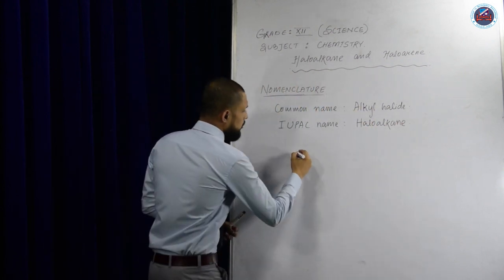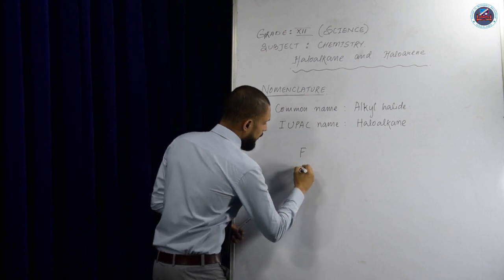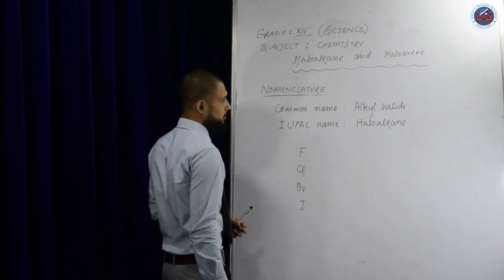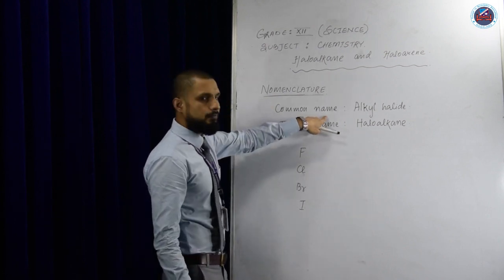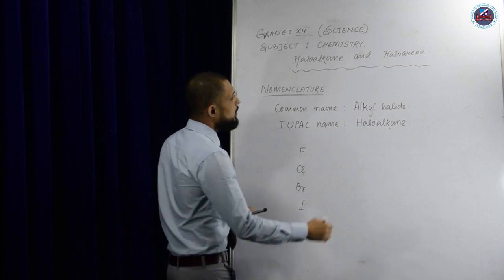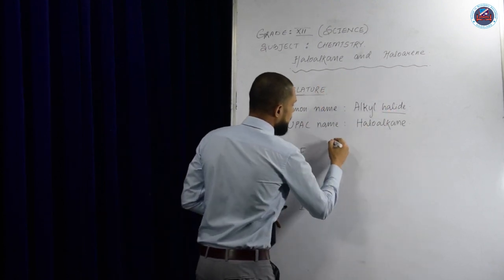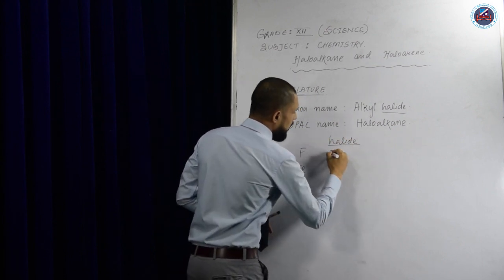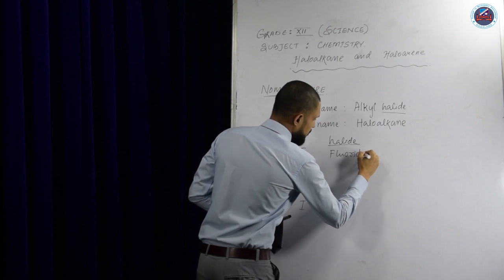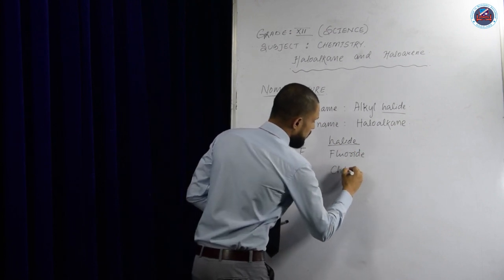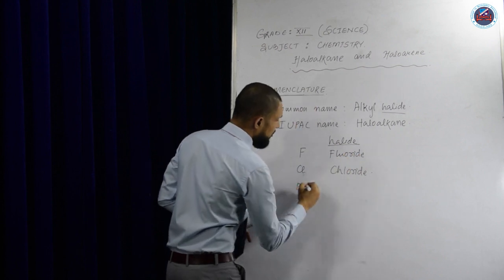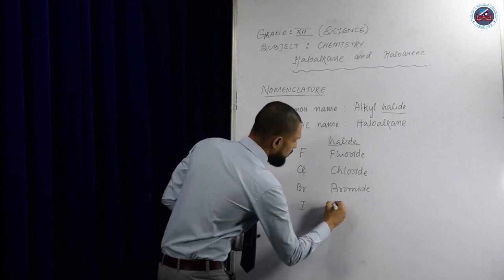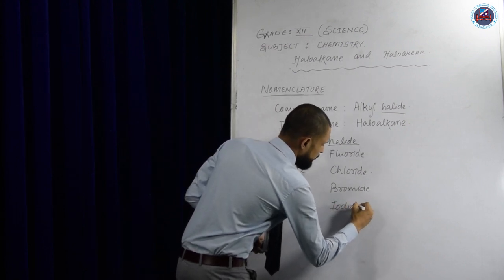So we have four halogen atoms: fluorine, chlorine, bromine, and iodine. When we write the common name, the halogen is written in halide form. That means fluorine will become fluoride, chlorine will become chloride, bromine will become bromide, and iodine will become iodide.